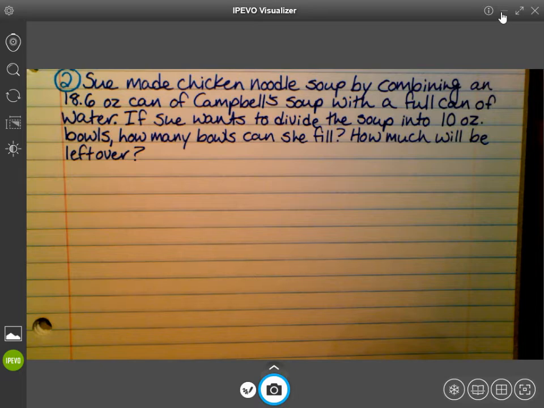So she's taking the same can that had the soup in it. If you've gotten Campbell's soup, you pop it open, and the soup's in there, but then you need to also fill the can up with water and pour that in too. That's what Sue's doing. She's using a can of Campbell's soup.